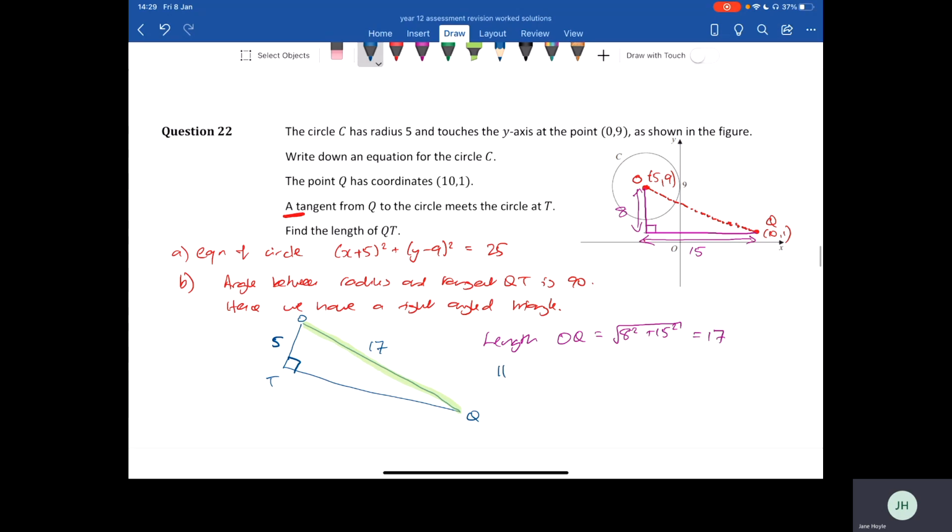So hence my length QT, I'm using Pythagoras again, but this time 17 is the hypotenuse. 17 squared minus 5 squared. That's the square root of 264, which is 2 root 66.